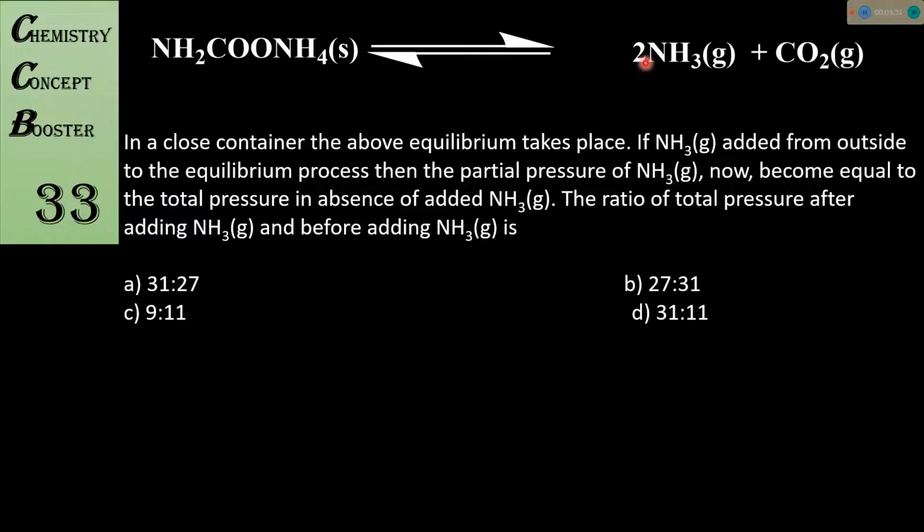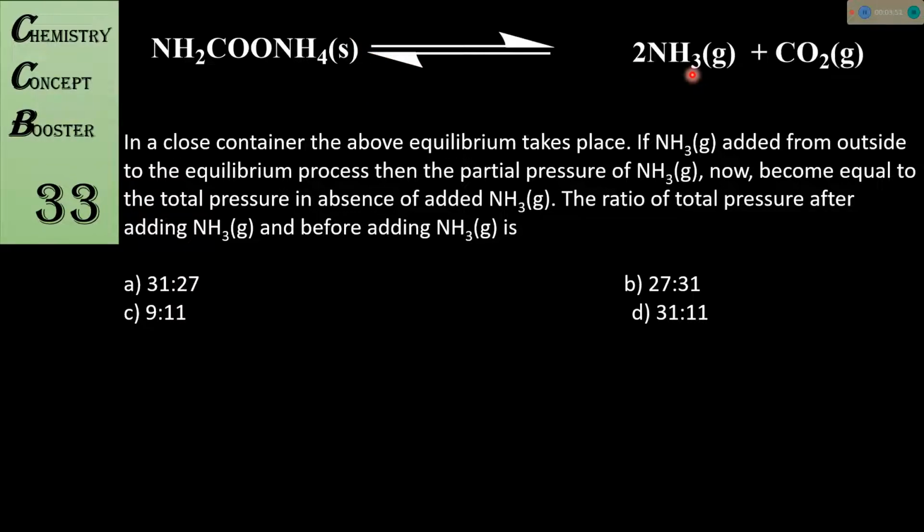Before adding ammonia gas, there will be some total pressure in the equilibrium. Total pressure means the summation of the partial pressures of the ammonia gas and CO2 gas. This is solid, so no need to consider it; you have to consider only the gaseous species.